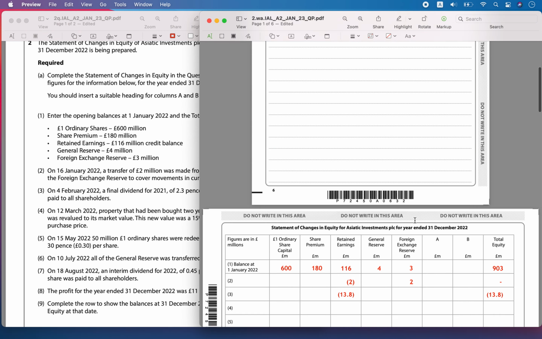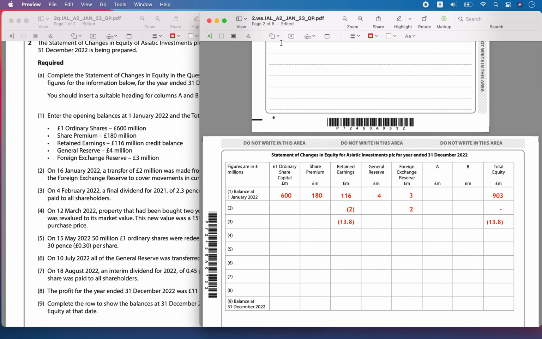So this is a revaluation of the property. Now where will you record it? They have given an empty column, so for the first one we will create revaluation reserve. This increase in the property is regarded as the revaluation reserve.